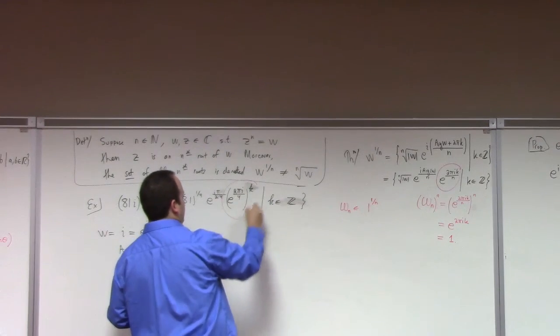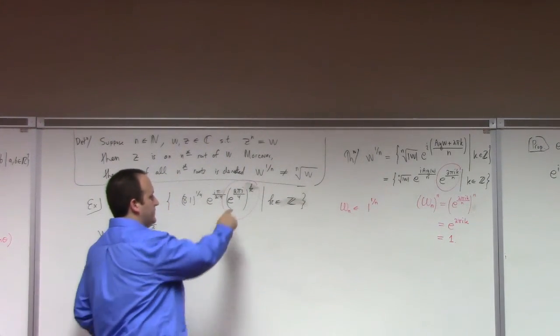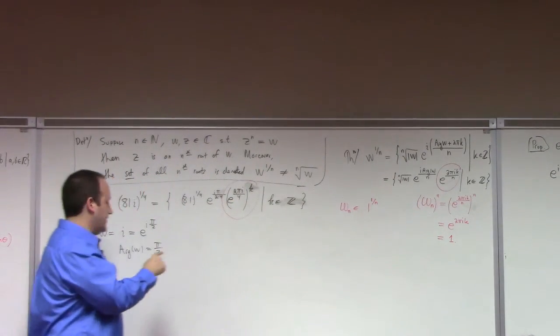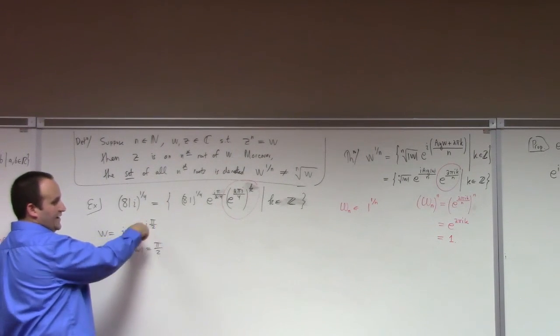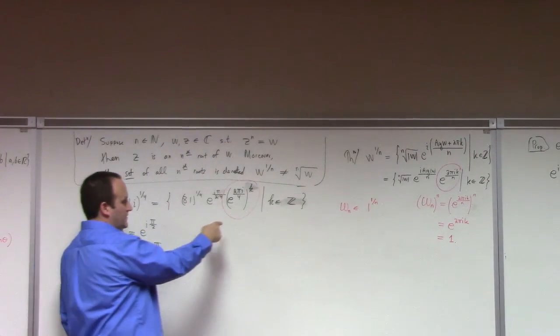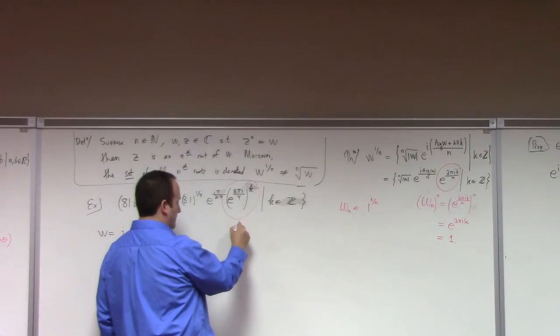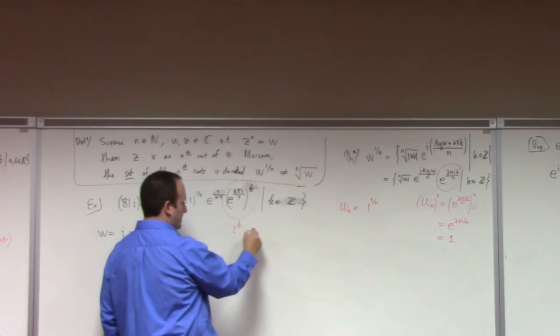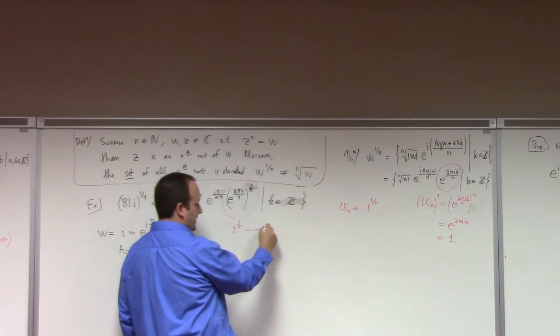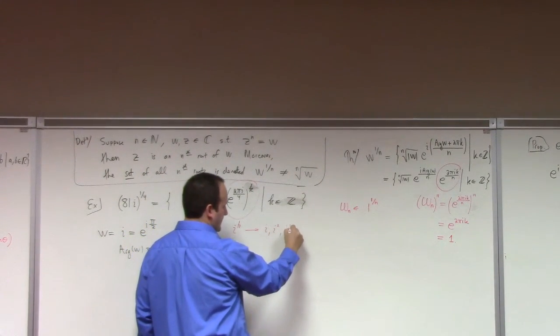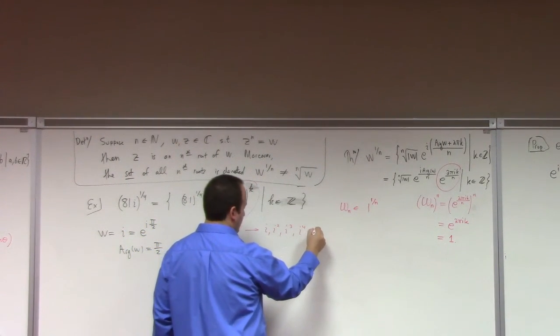If you start tracing out what it really is, what is e to the 2 pi i over 4? I kind of just discovered it over here. That's e to the pi over 2, which is just i. So this is i. And what's i to the k? So you've got i squared, i cubed, i to the 4th, and so forth, right?